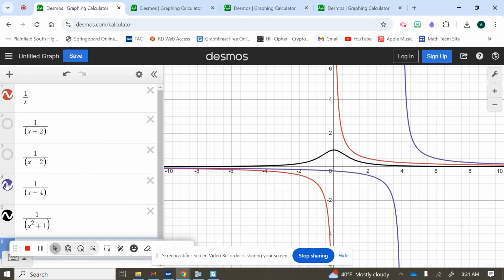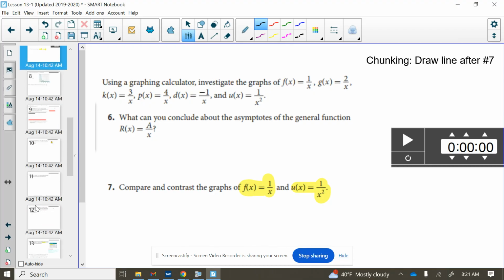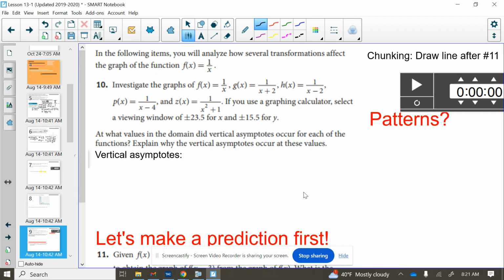And then notice on this last one, there actually is no vertical asymptote. So what we're seeing on each of these is, again, the shift in where we would see these asymptotes occurring. So this is down at number 10, where we see the shifts of vertical asymptotes.